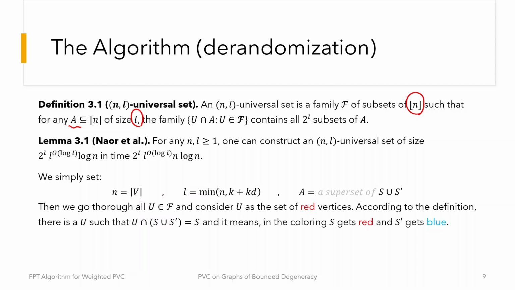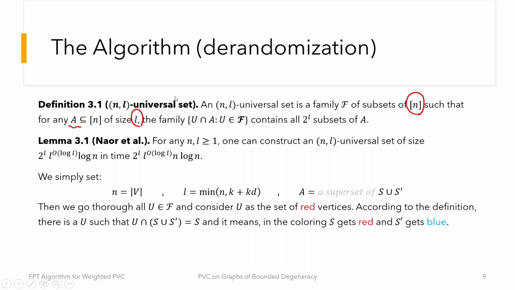Okay. And then what we do is we go through all sets in family F, and we consider that this set is the set of red vertices.